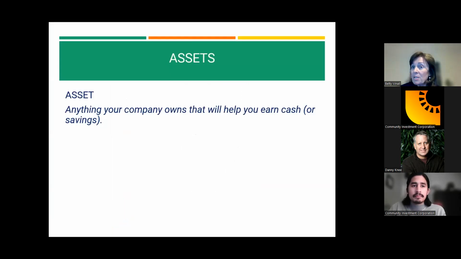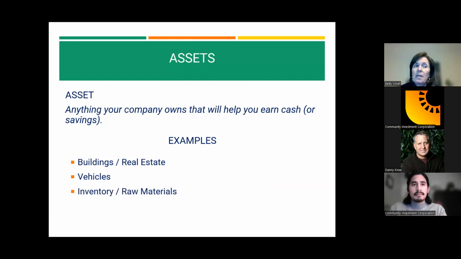The balance sheet is made up of three components. The first one is the asset section. So an asset is anything your company owns that will help you earn cash or savings. It could be buildings and real estate, vehicles, inventory, raw materials, depending on what type of business you have, equipment, cash.